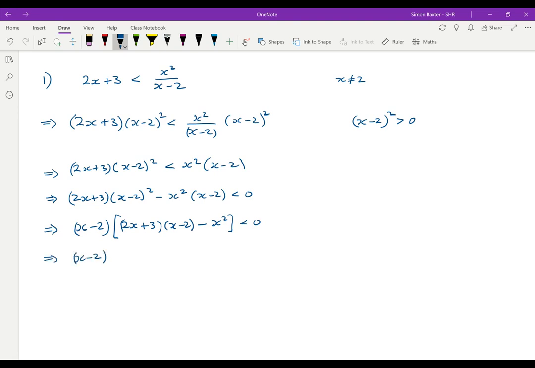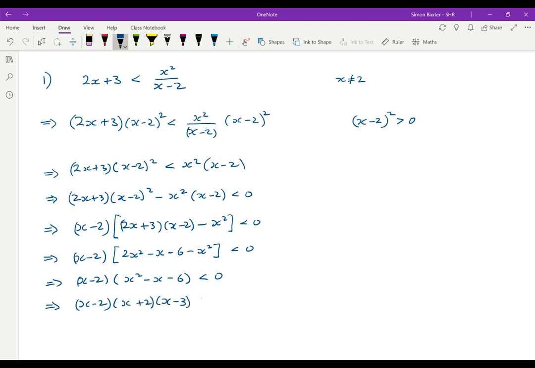Inside the big bracket, we have 2x squared plus 3x minus 4x is minus x, minus 6, minus x squared, less than 0. Nearly there: x minus 2 times x squared minus x minus 6, less than 0. Factorizing this, we get (x plus 2)(x minus 3)(x minus 2) less than 0.